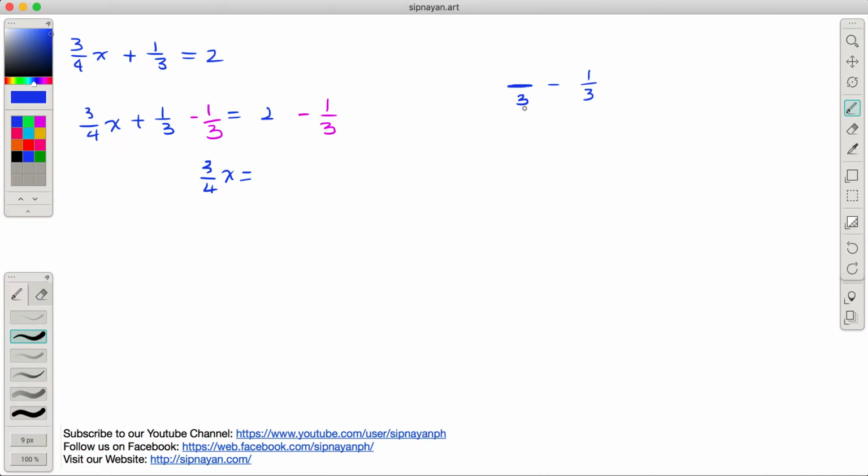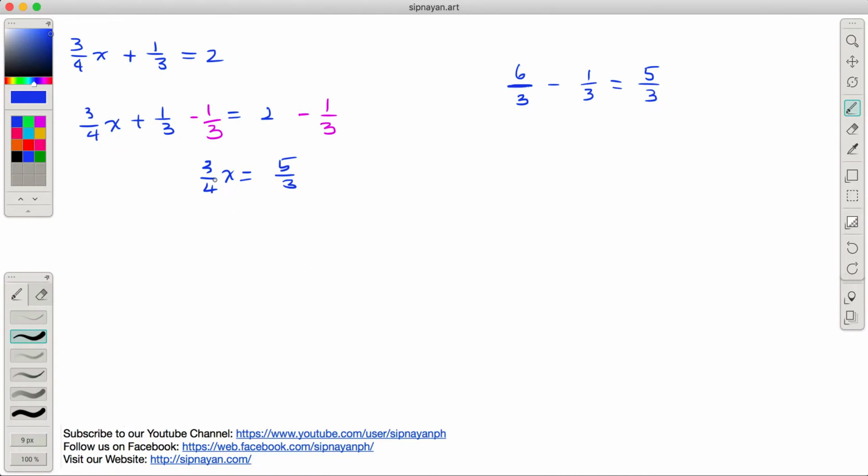So 2 siya, pero 3 yung nasa denominator. Anong ilalagay mo dito para yung buong fraction ay 2? Siyempre 6, di ba? Kasi 6 divided by 3 is equal to 2. So this is equal to 5/3. So 5/3 ito, yung 2 minus 1/3.